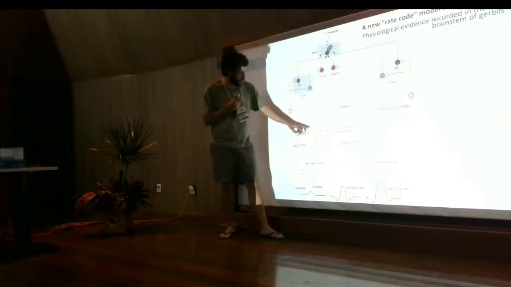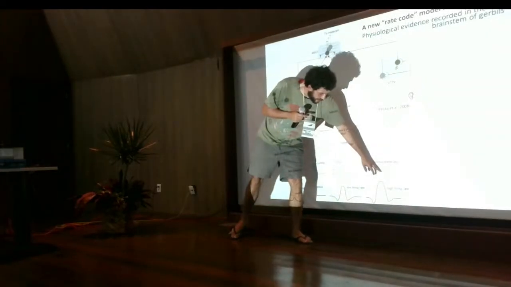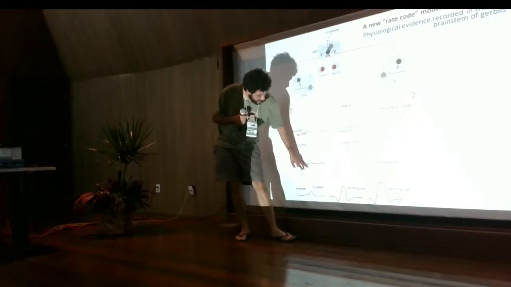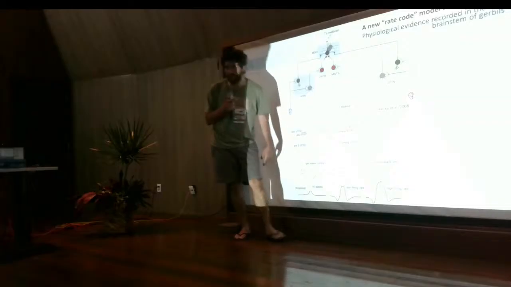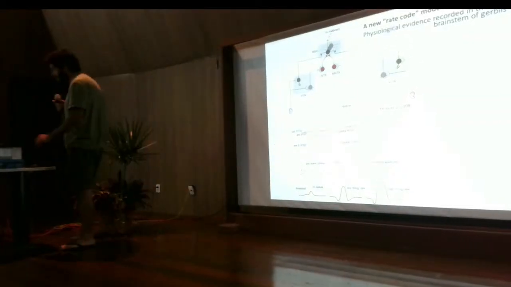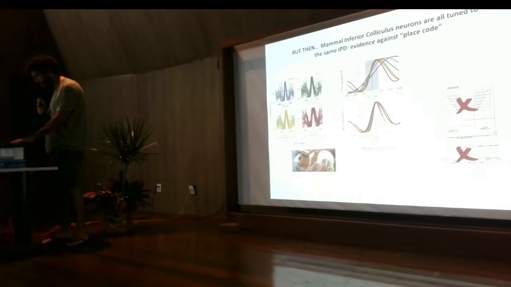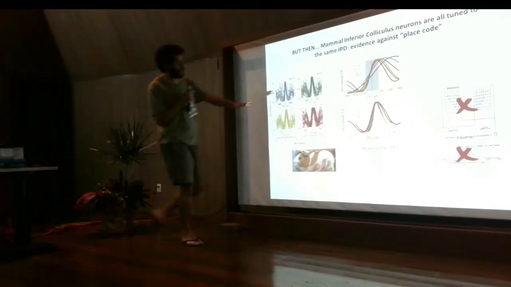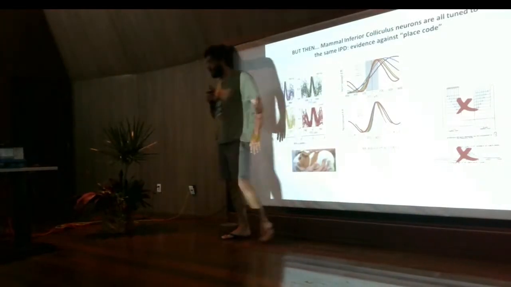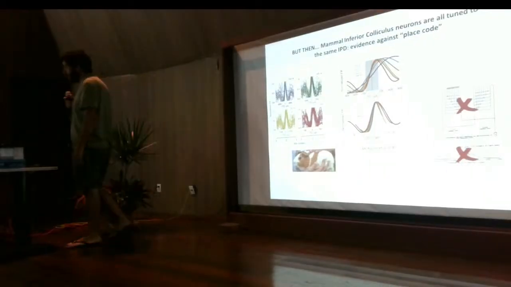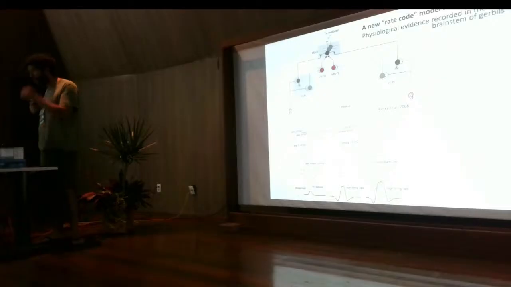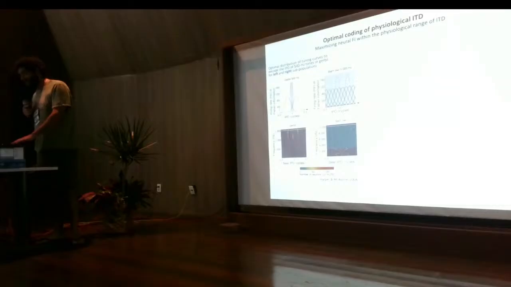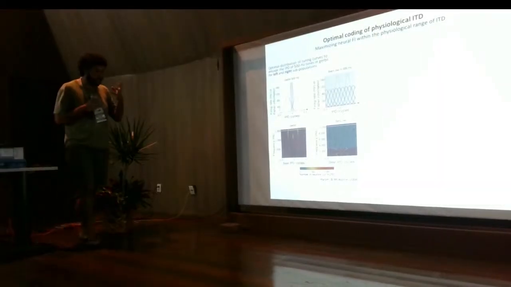If the peaks are aligned, there is a high firing rate. If they are aligned oppositely, so the excitation is aligned with the inhibition, there are no spikes, and so you don't have any firing rate. So this allows us to create a curve like this, relating ITDs to firing rate. Okay, makes sense?